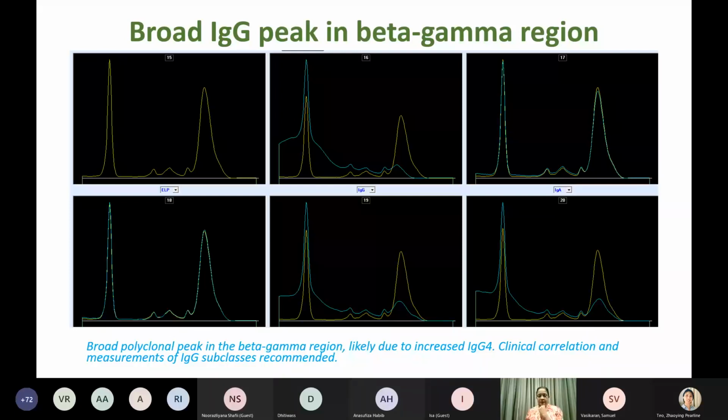to get more details about the clinical condition and just to make sure we are not misinterpreting a monoclonal band as polyclonal, because sometimes it could be a bit hard to differentiate completely. We have several patients with IgG4 disease, so for us it's not that uncommon.